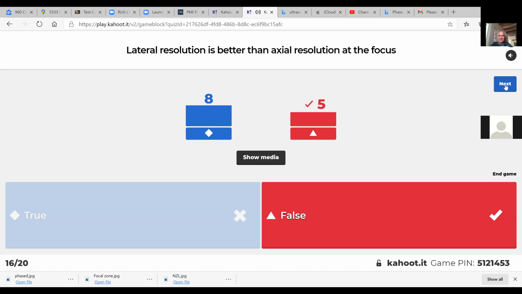Got you guys. Axial resolution is always, according to our book, and as far as I know, maybe always, but according to our book, axial resolution is always better than lateral resolution, even at the focus.